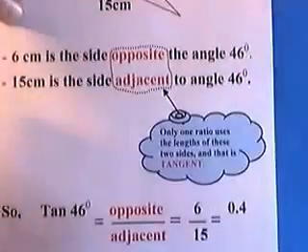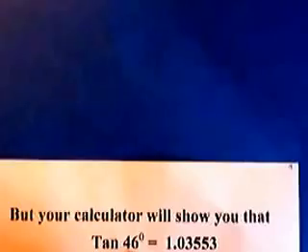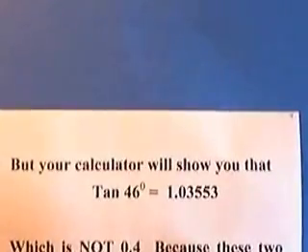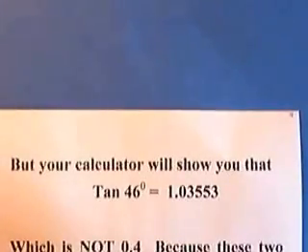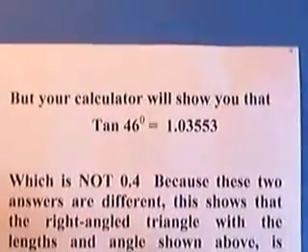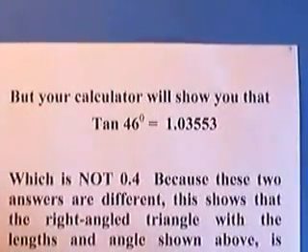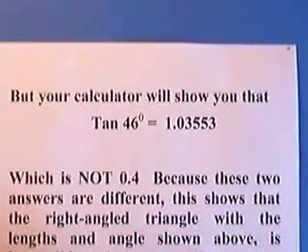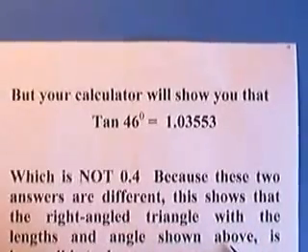Now, your calculator will show you that the tangent of 46 degrees is 1.03553. In other words, it's not 0.4. Now, because these two answers are different, this shows that the right angle triangle with the lengths and angles shown above is impossible to draw.